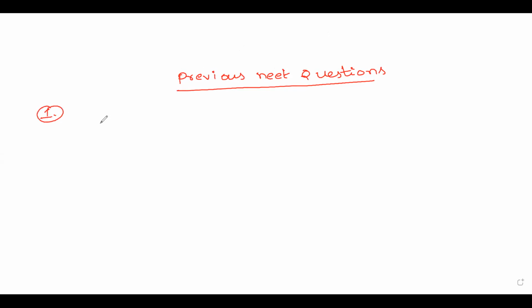First question. Which of the following statements is correct?